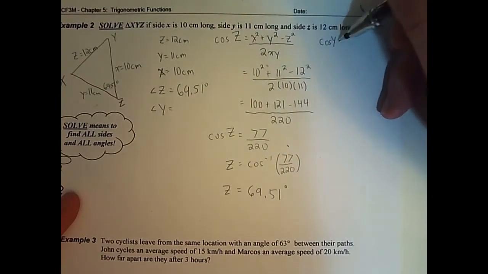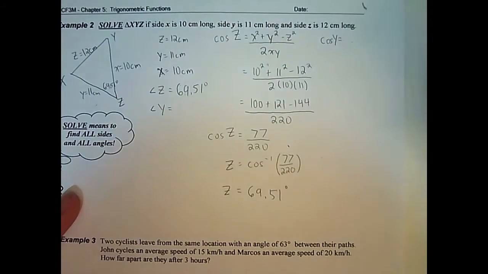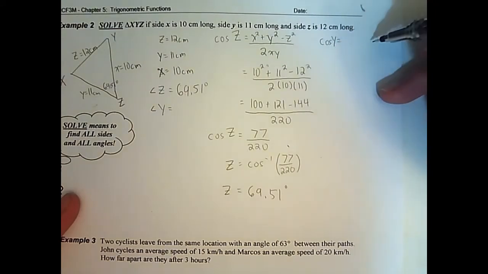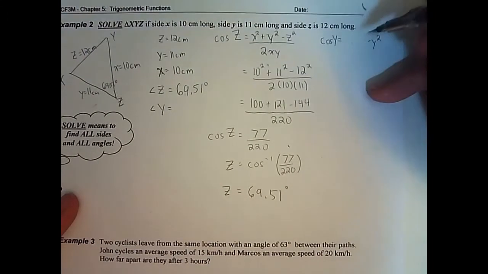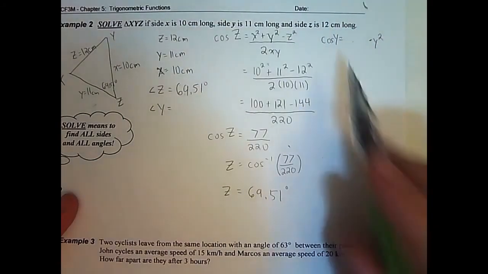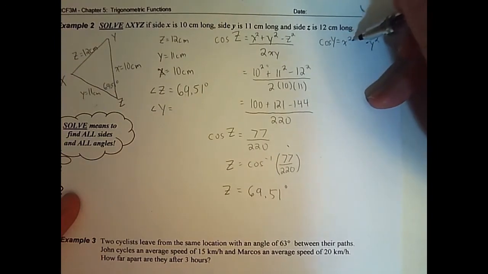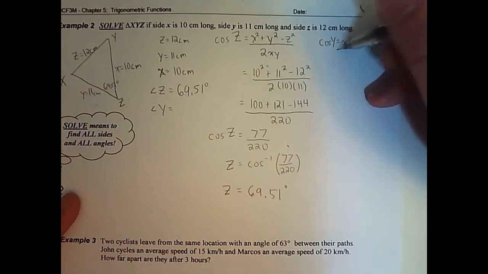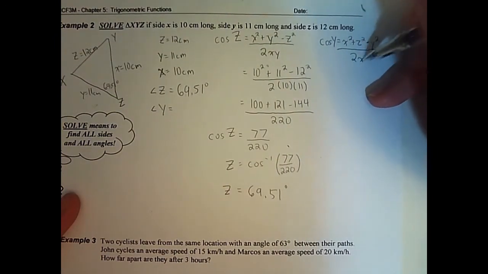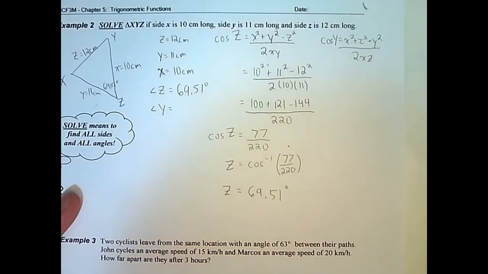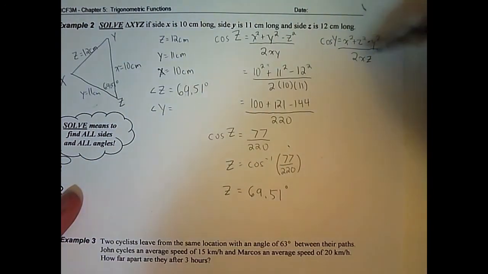So cos Y is equal to, well, I already know it's angle Y, so the opposite is going to be that minus y squared, meaning the minus will always be opposite to what the angle is, so y and y. And then x squared plus z squared over 2xz, because again, these are just the other two letters.